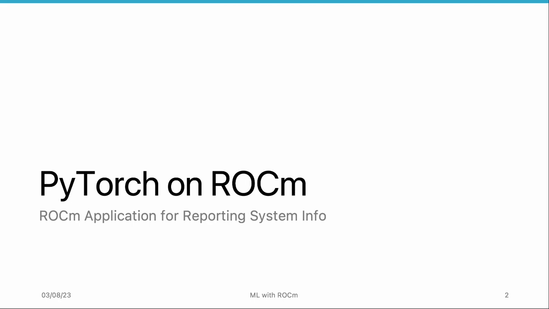Now we will introduce you to the powerful combination of PyTorch and ROCm, a platform for accelerating machine learning applications on both CPUs and GPUs. PyTorch is developed by Facebook Research and has emerged as a popular library for deep learning, providing programmers with intuitive APIs to define and train neural networks.